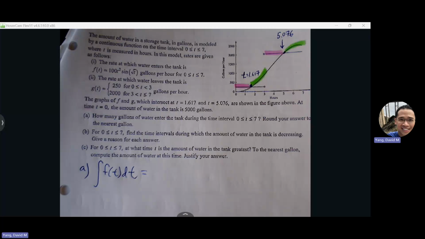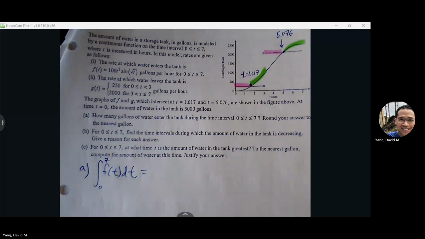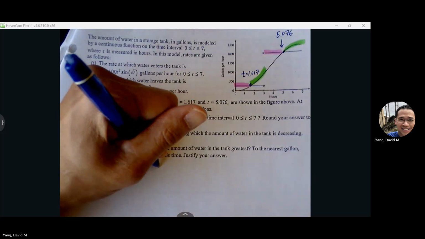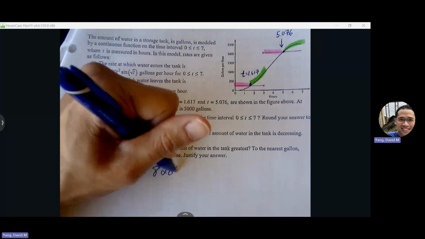So math 9 on f of t, from 0 to 7. It says round to the nearest gallon, so 8,064.